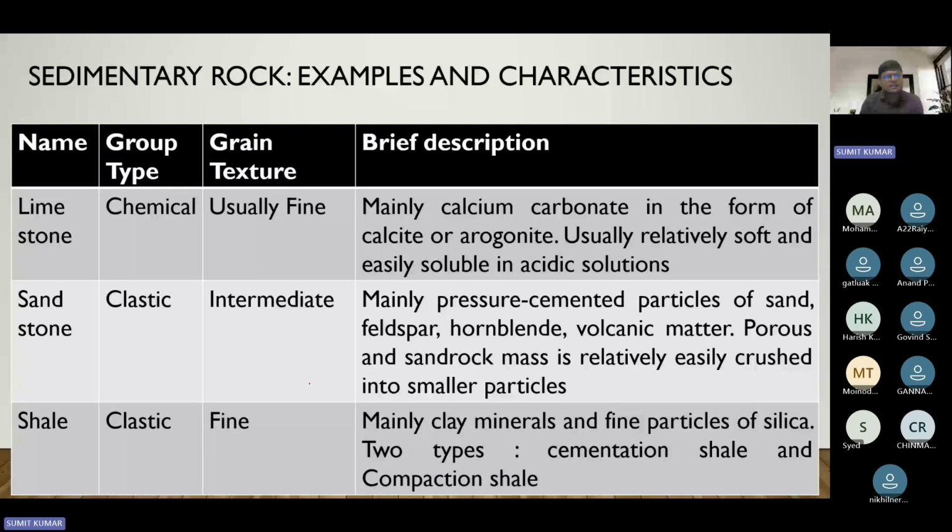The group type and grain textures are mentioned over here. As you know, limestone is very important. If you have read the course on building materials, you will see that limestone is important in cement formation and also in brick formation.